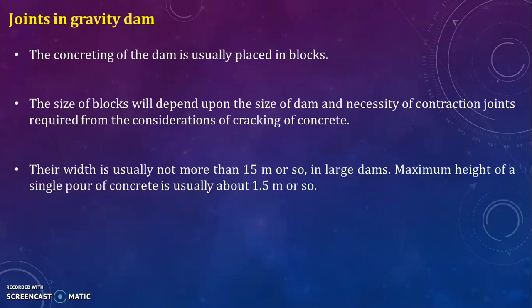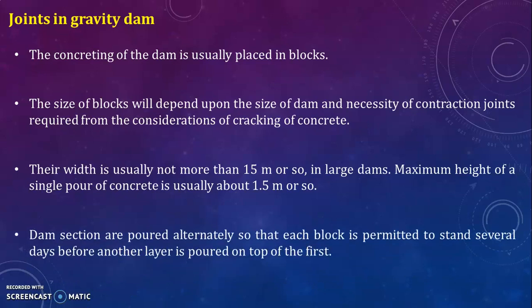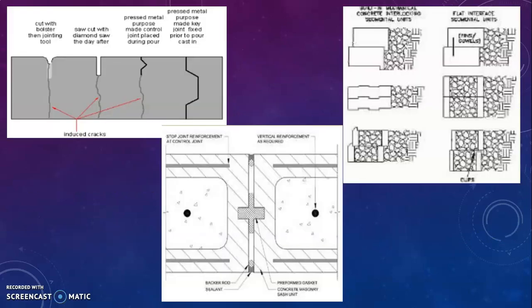Their width is usually not more than 15 meter or so. In large dams, the maximum height of a single pour of concrete is usually about 1.5 meter or so. Dam sections are poured alternately so that each block is permitted to stand several days before another layer is poured on top of the first.